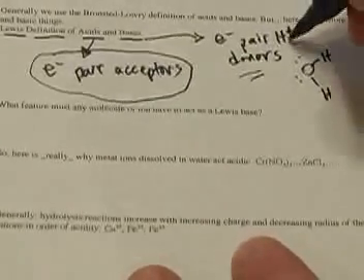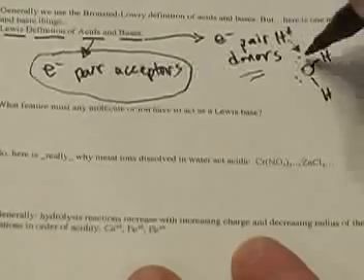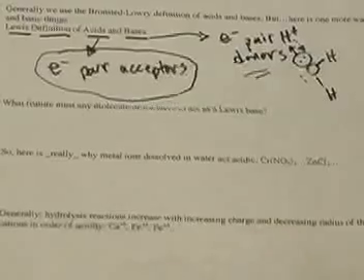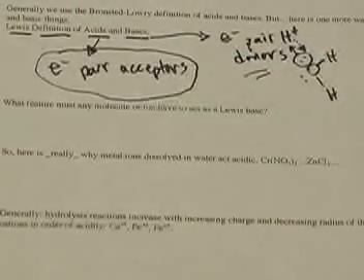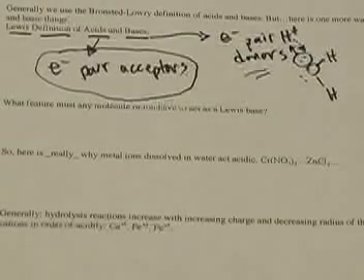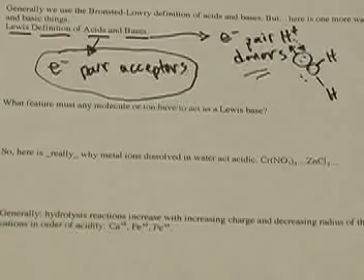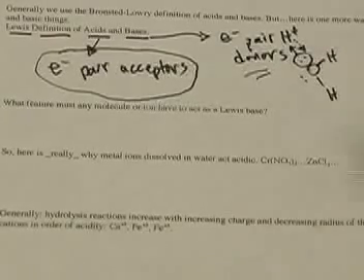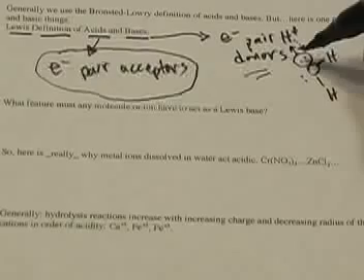And when it does that, what happens? Well, the water in effect donates the electrons to the hydrogen. So everything that is a base in the Bronsted-Lowry sense, a proton acceptor, is also a base in the Lewis sense as being an electron pair donor.